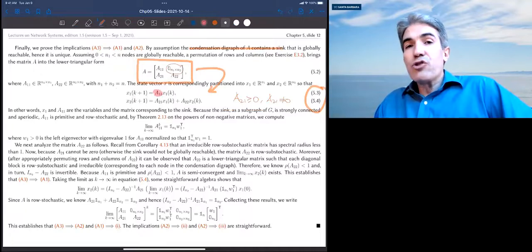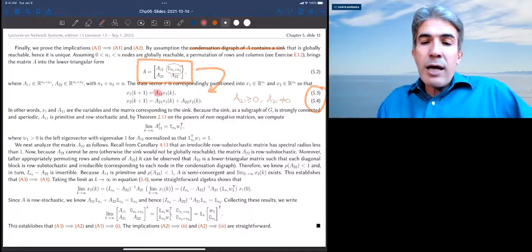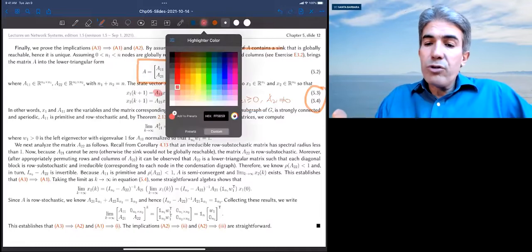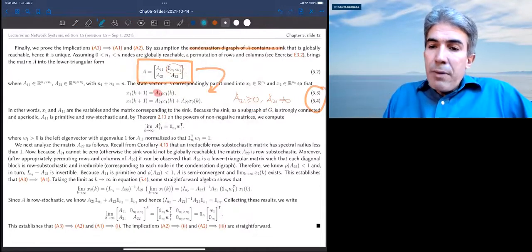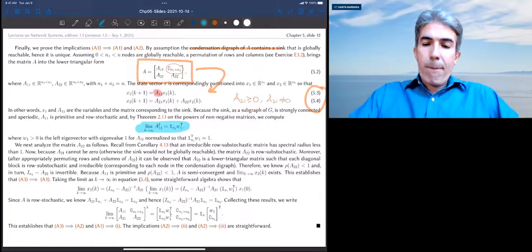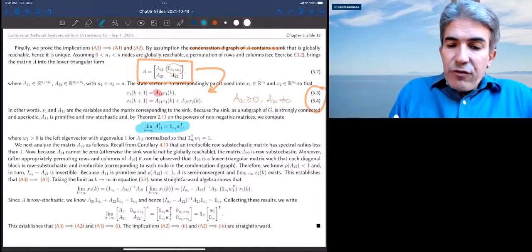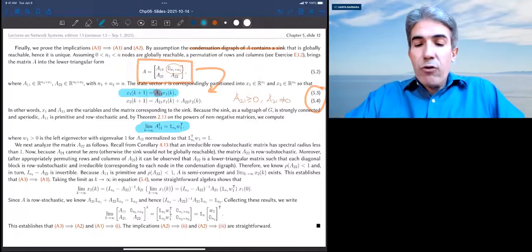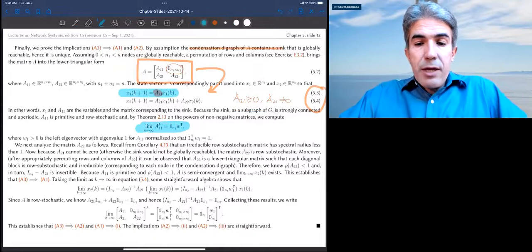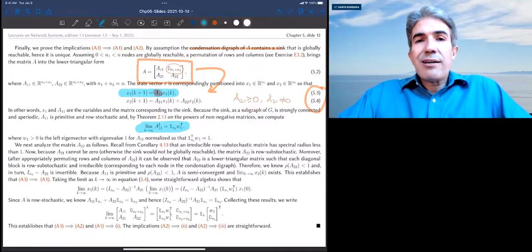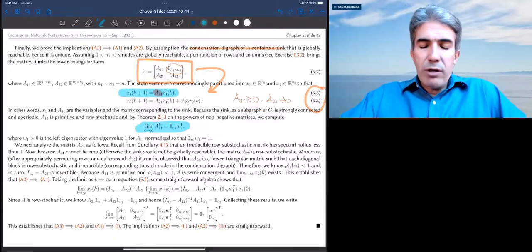I additionally assumed it was aperiodic. So A11 has all of the properties in the world, and so it must converge to consensus. The first subdynamics converges to consensus. This is relatively straightforward because the nodes in subgroup 1, the globally reachable nodes, are not even listening to the others; they are evolving in an independent manner.